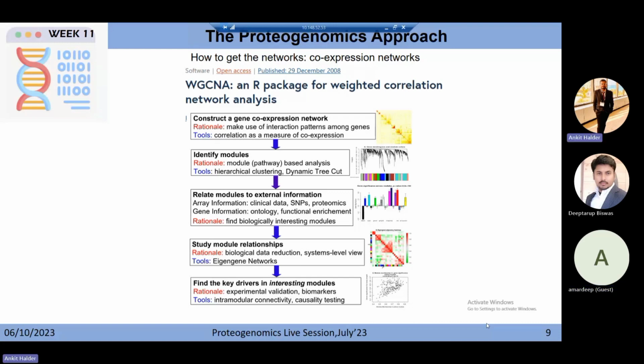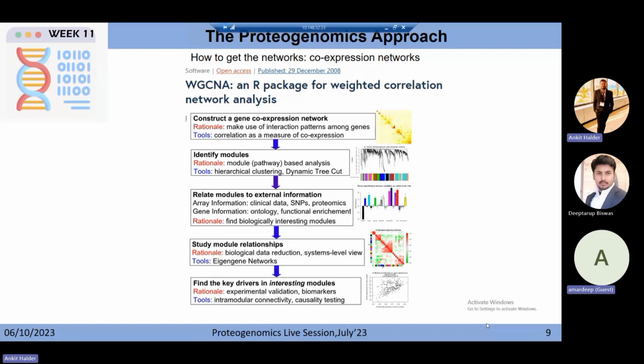Then it will give your study module relationship, which shows a biological data reduction, systems-level view, and eigengene networks that find the key drivers in your interesting modules. So this is a kind of package.